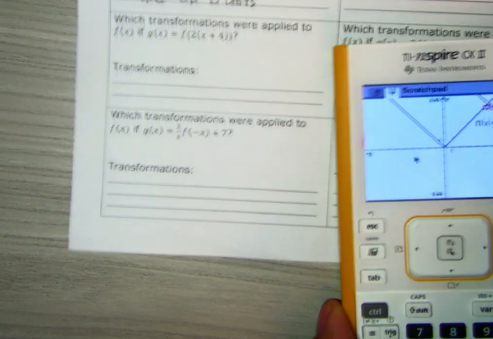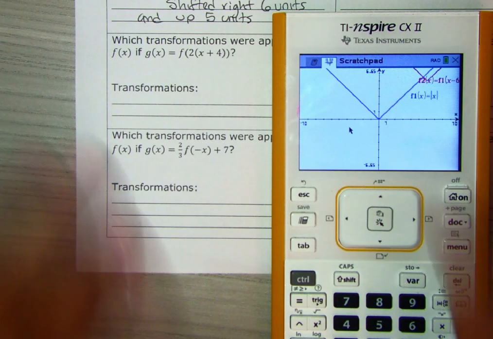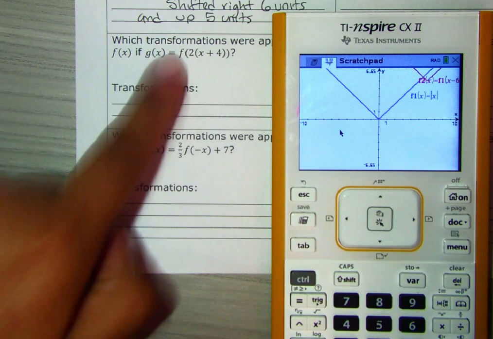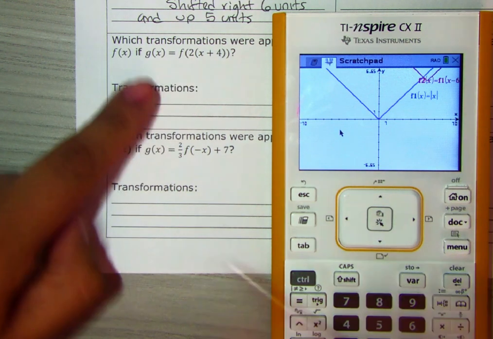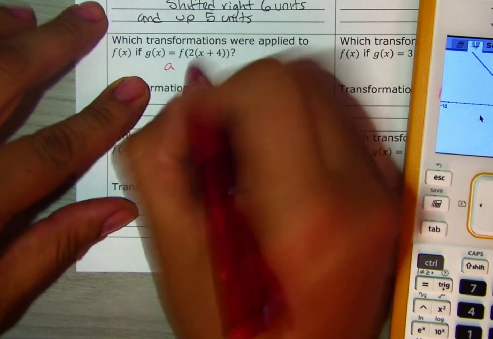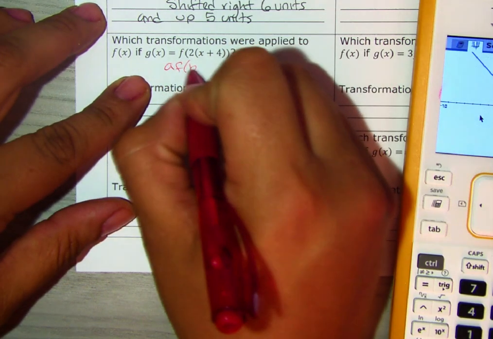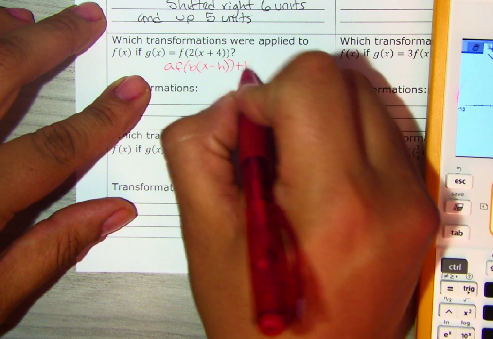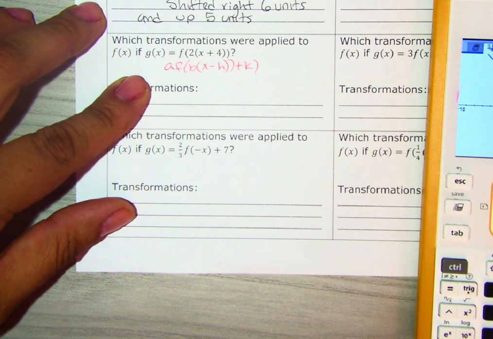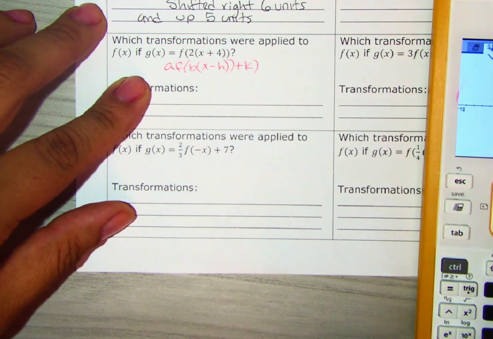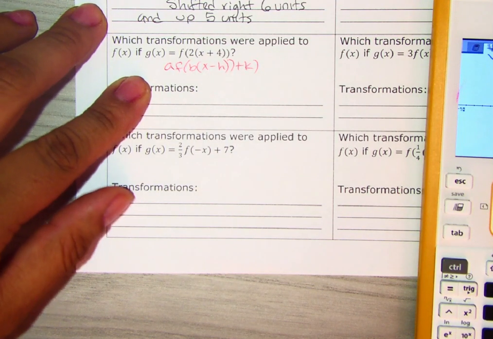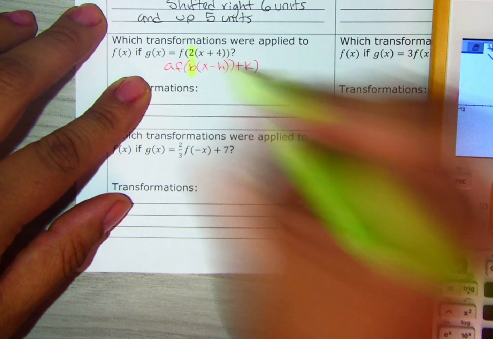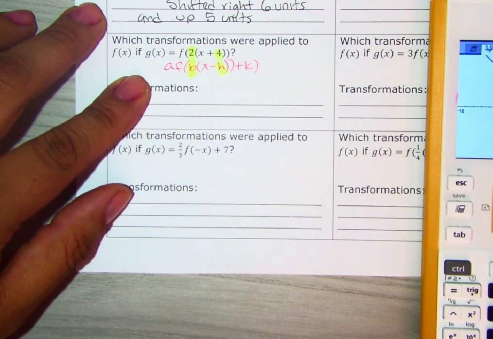On the next example, we're going to stick to using this as a parent function just for practice. And we are now going to write down this transformation. So before I graph it, I want to write down the template, a f(b(x - h)) + k. Okay, and then now I can see that the letters that are affected are the 2 with the b value and the 4 with the h value.